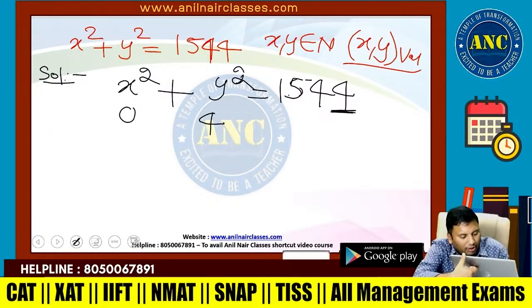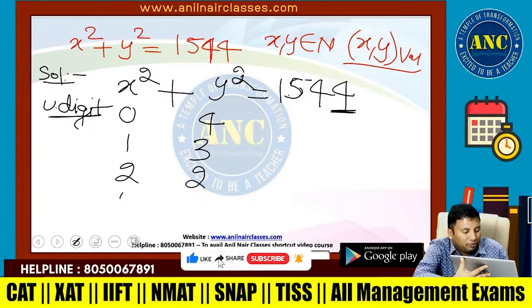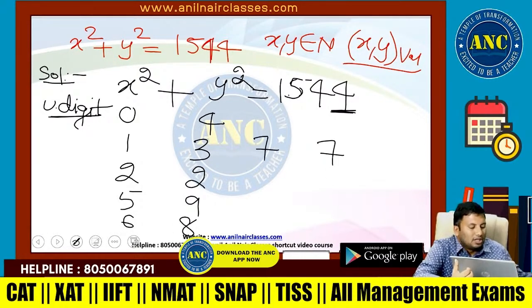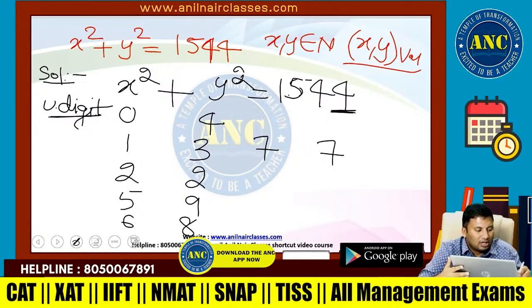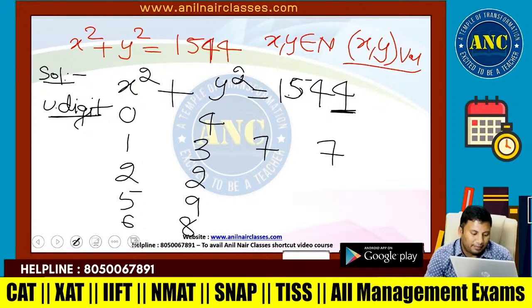These are all the unit digits: 0 plus 4, 4. 1 plus 3, 4. 2 plus 2, 4. 5 plus 9, 14, 4. 6 plus 8, 14, 4. 7 plus 7, 14, 4.